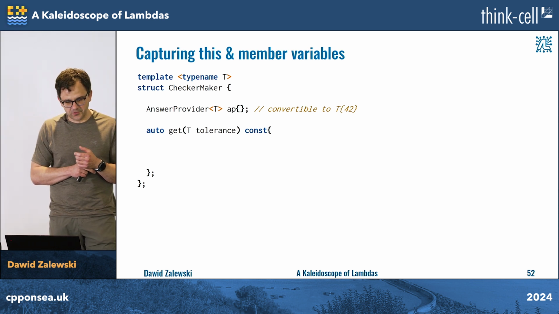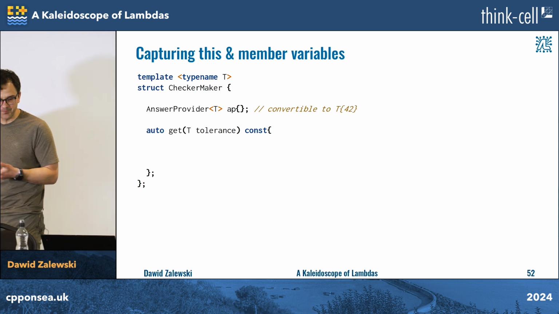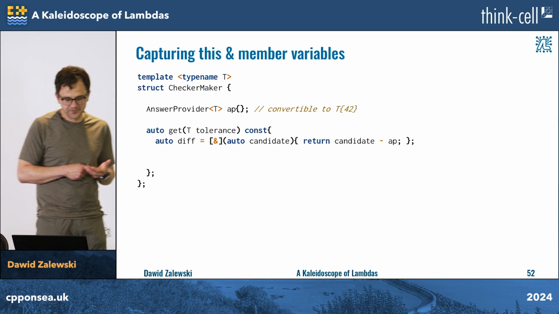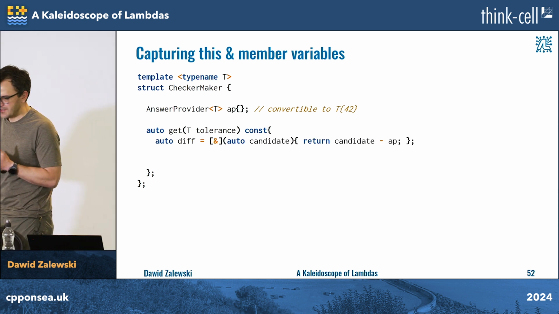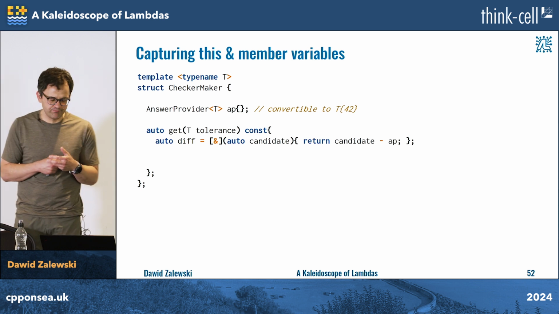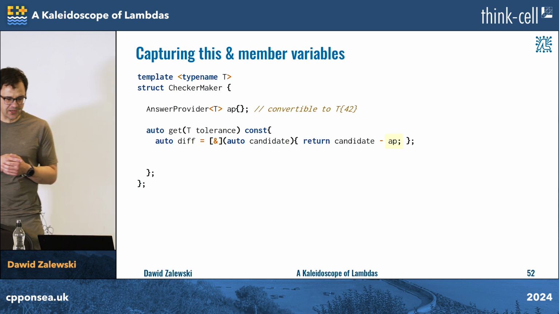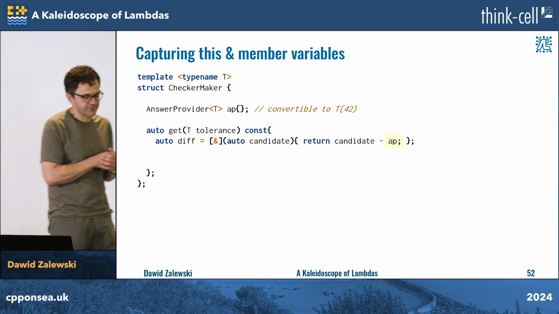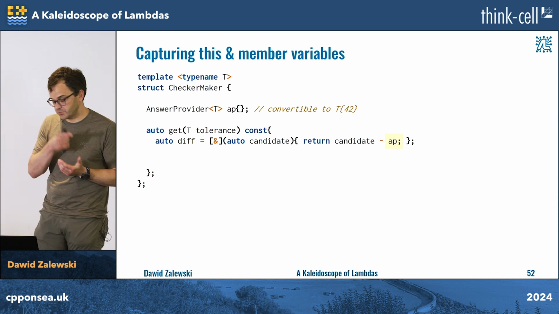Like in the simple one, we are still at the number 42, an over-engineered checker for checking if a number is 42. We have an answer provider and the checker maker. And the checker maker is a pretty neat function because it uses two different lambdas. So one of them is basically doing a difference of two numbers. And the other lambda, notice that it uses the AP, the answer provider, so it has to capture it. And it captures by reference. At least that's what it says there, right?